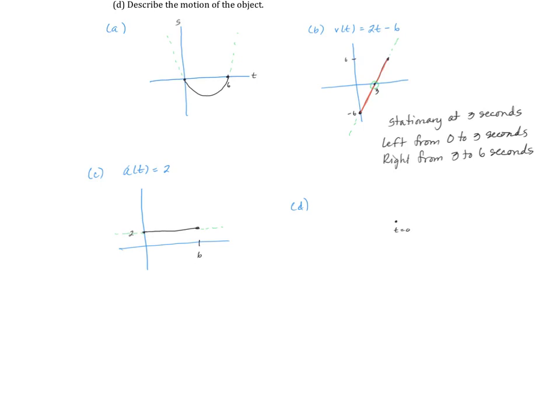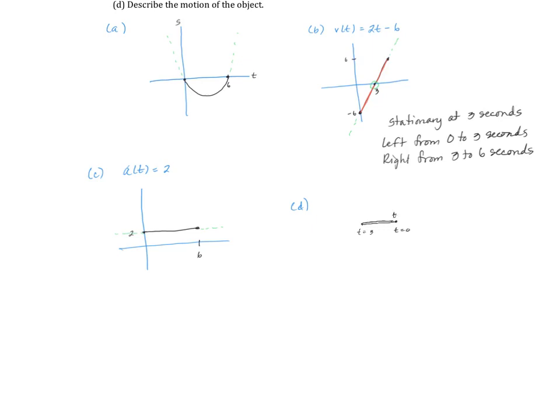Now from the velocity, I see that from 0 to 3 seconds, the movement is to the left. And then at t equals 3 seconds, the object is going to turn around and come back. Notice that it's still to the left of the initial position. But now from 3 seconds to 6 seconds, the movement is to the right.